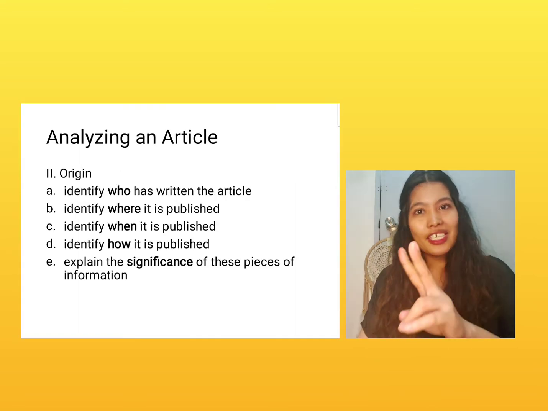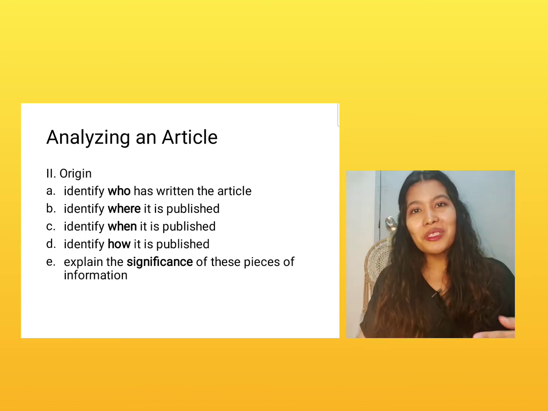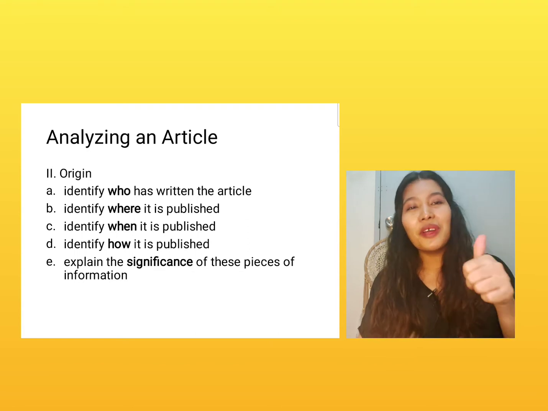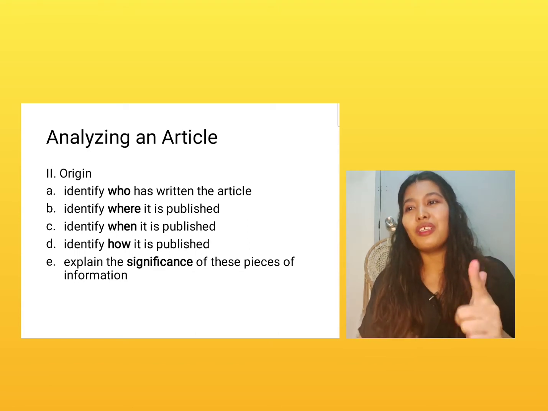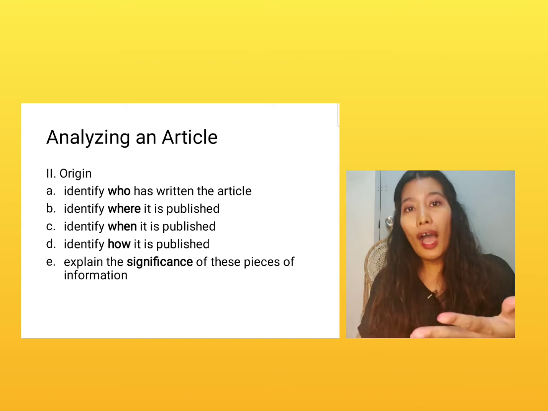Okay, now, the second thing that you have to do is to identify the origin. And it's actually very easy. I want you to remember the 5 important questions. Identify who has written the article. Identify where it is published, when it is published, how it is published, and why.